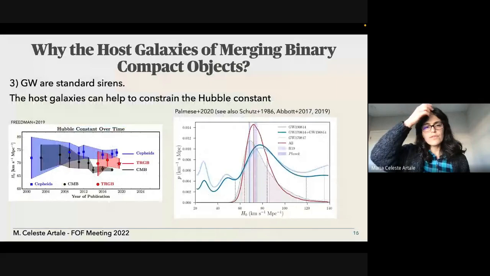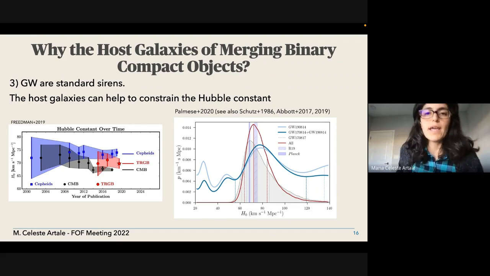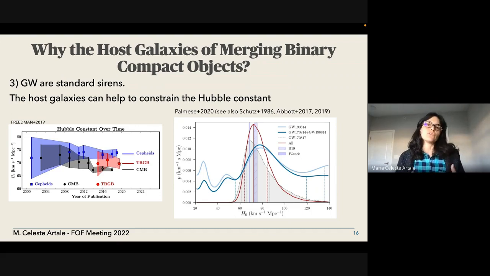The third reason is because gravitational waves are what we call standard sirens. And so if we know the host galaxies, the properties of the host galaxies, we can identify the redshift where this gravitational wave event happened, and combined with all the other properties that we can retrieve from the detection, we can estimate and constrain the Hubble constant.